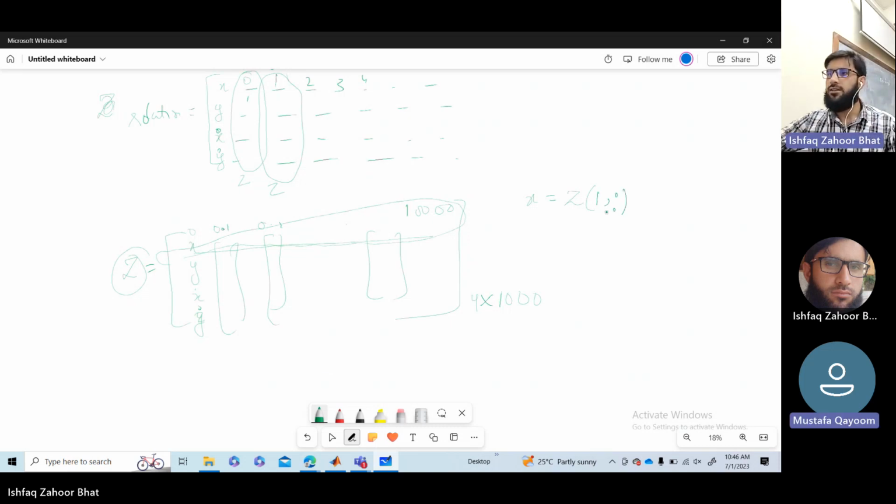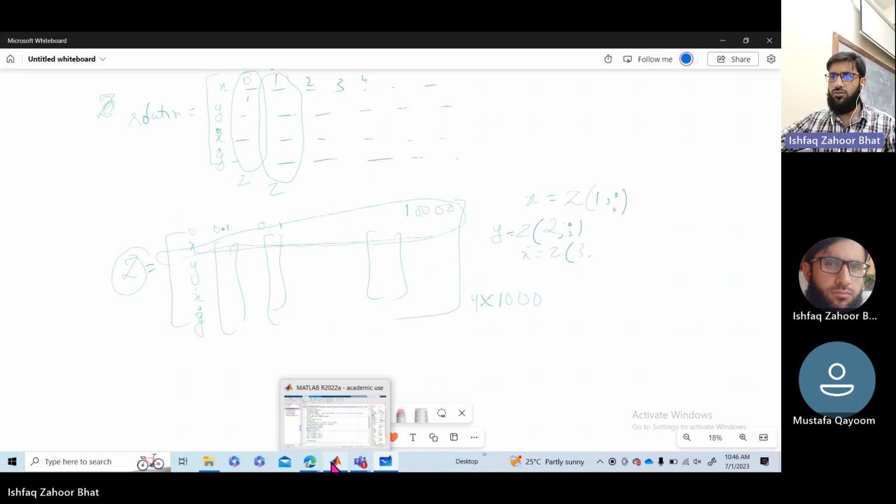This is how we extract the first row. Similarly, y will be equal to Z of 2 comma colon. Similarly, x dot will be equal to Z of 3 comma colon, and so on.